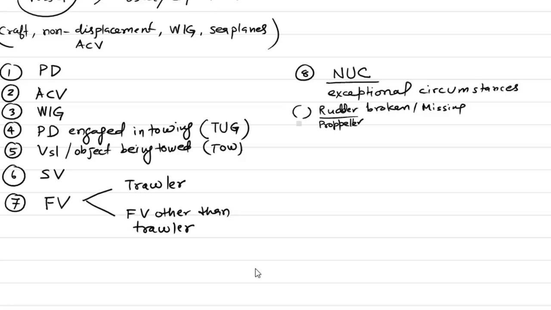Then we have main engine broken, steering failure, vessel dragging anchor, which hardly many people explain.